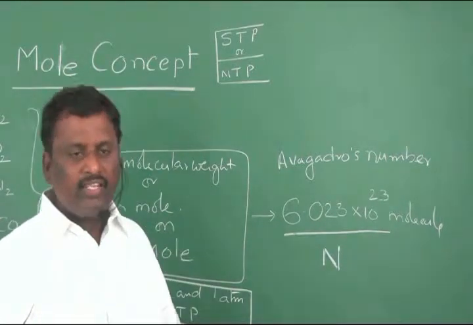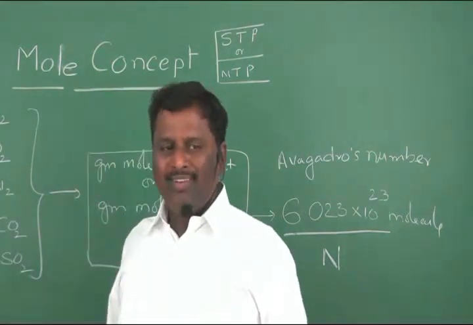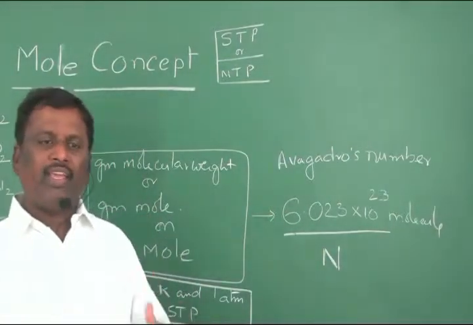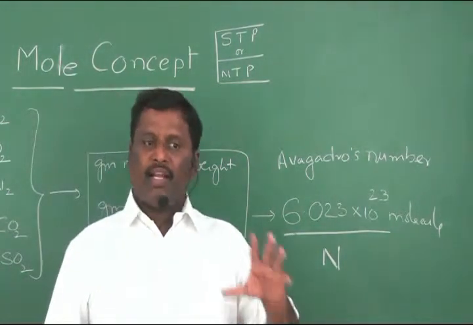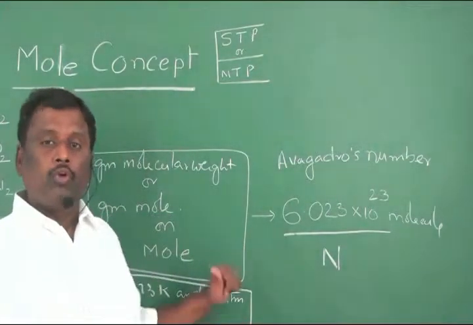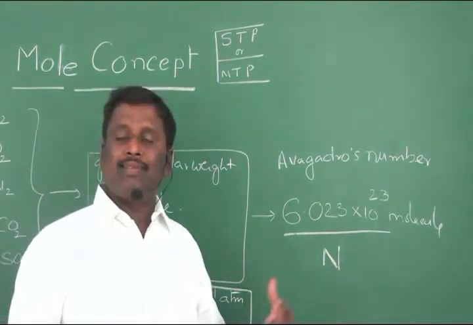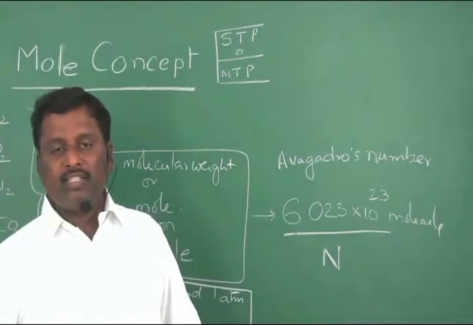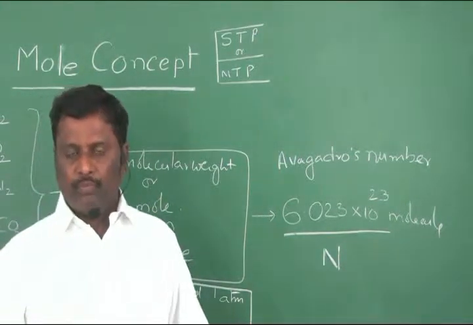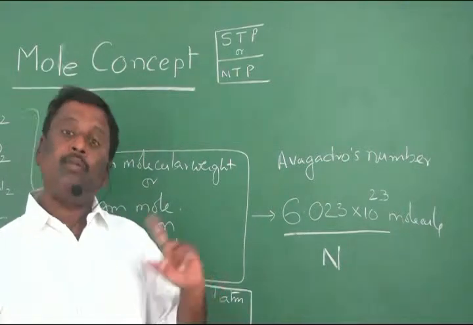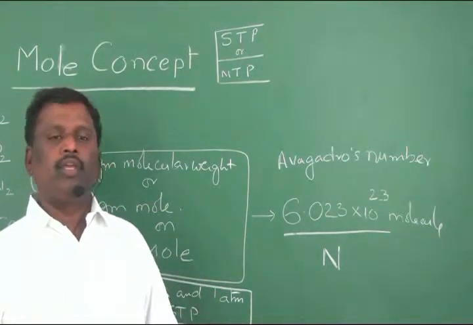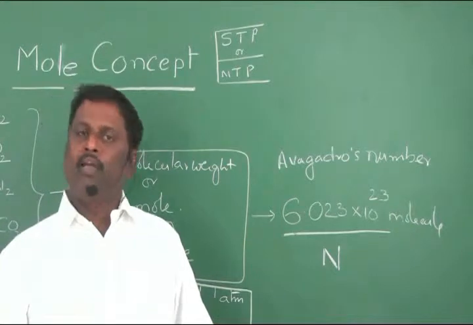And there is a relation between the mass and volume also. Because if you take 1 mole of any gas at STP conditions, it will occupy 22.4 liters. STP conditions means 0 degree centigrade or 273 K temperature and 1 atmosphere pressure, which is said to be standard temperature and pressure.